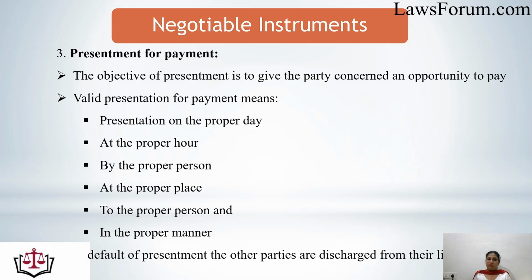If any condition or manner is mentioned there for the presentment for payment, all those must be taken care of. And in default of presentment, all the parties are discharged from their liabilities.